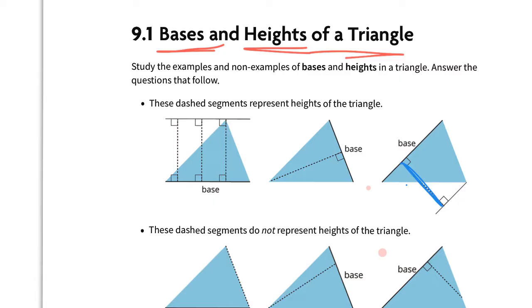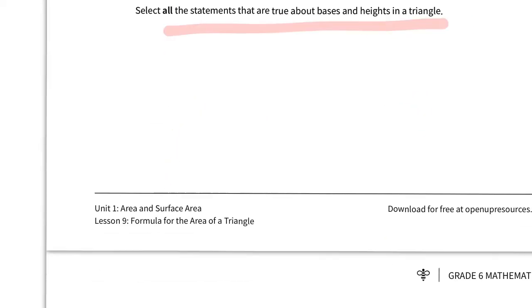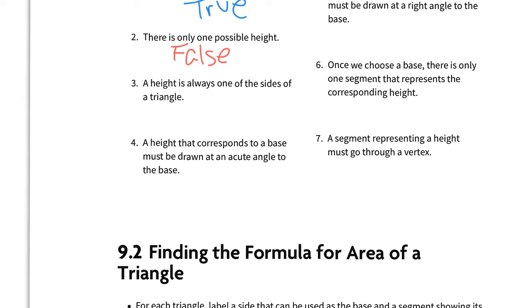Now, it is possible for a triangle to have the height be a side of the triangle. In fact, I'll draw a picture of it, but that's false, because it's that word always. If the triangle looks like this, a nice perfect right triangle, there's your height and there's your base, and the height is indeed the side of the triangle.